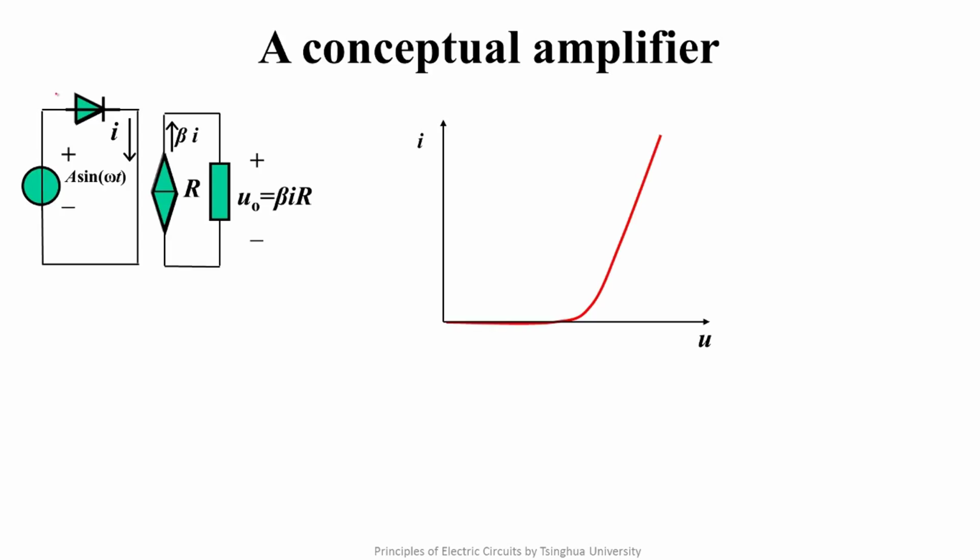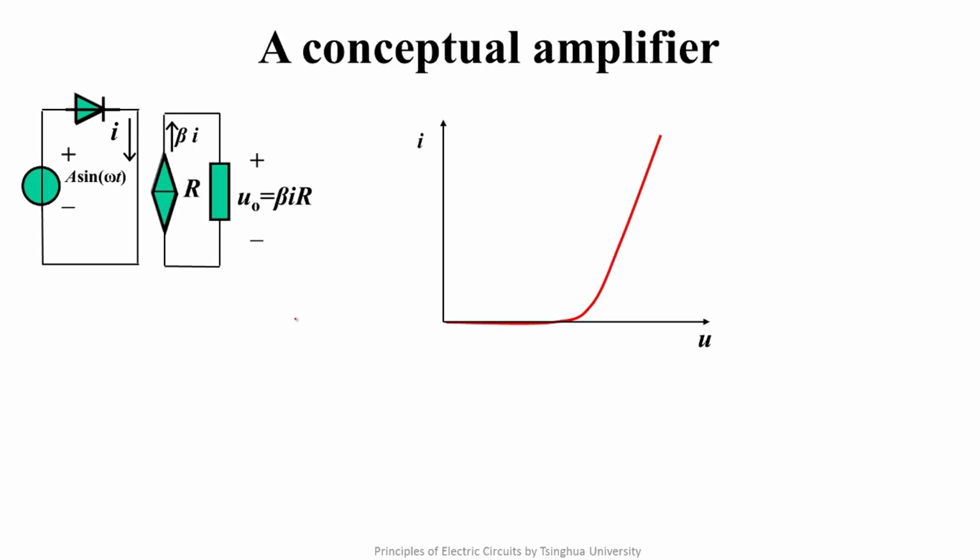Because the exponential properties have significant amplification properties, we can obtain a very large current. At the other side of the current, if we can get a current-controlled current source, then we are more likely to get a very large voltage for the load. So we may realize the exponential amplification from the source to the load.